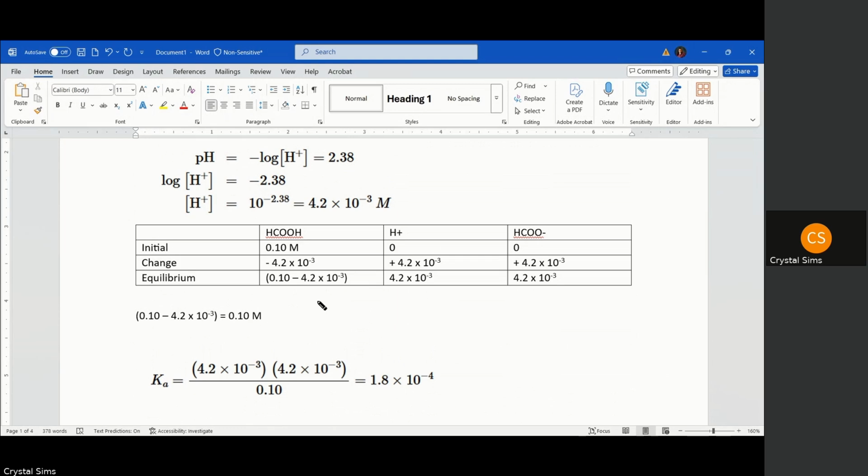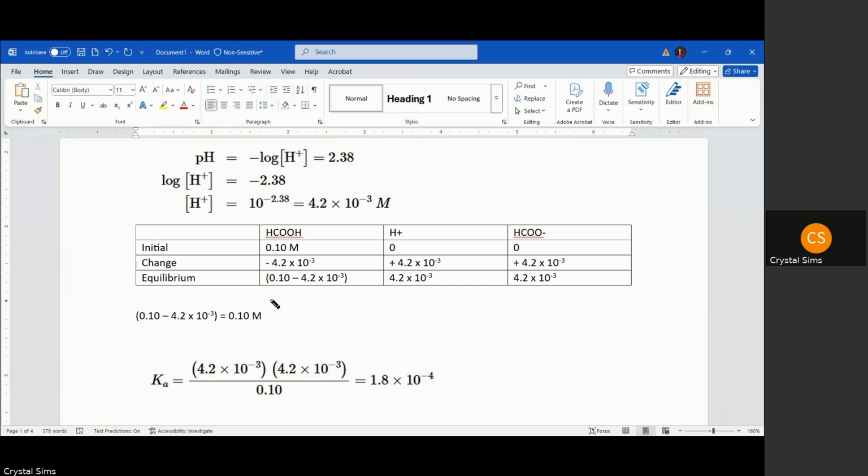And because this amount was less than 5% of the original concentration. If we were to approximate here and get an answer that is more than 5% of the original concentration, then we can't just do this assumption like we did here.